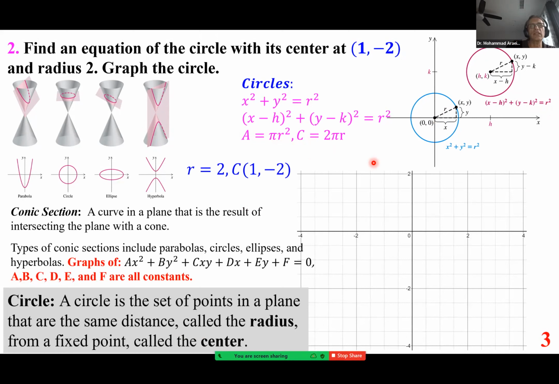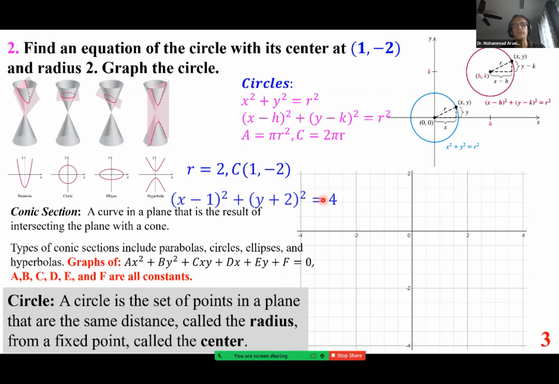In this case, we know the radius is 2 and the center is located at 1, -2. So plug in: x minus 1 quantity squared plus y minus -2, which makes it +2, quantity squared equals r squared, which is 2 squared, which makes it 4. So this is the equation.